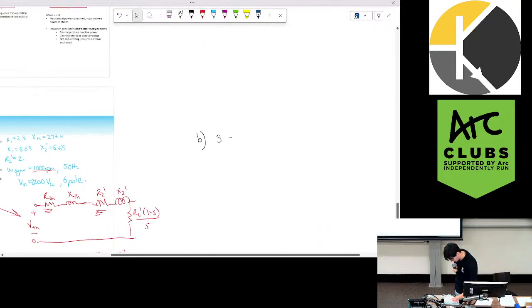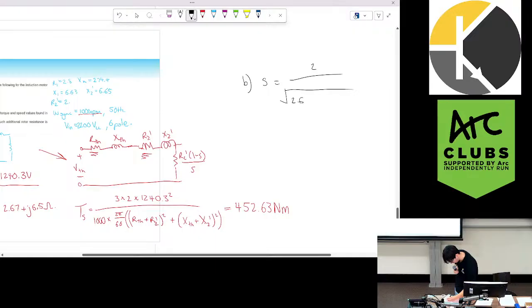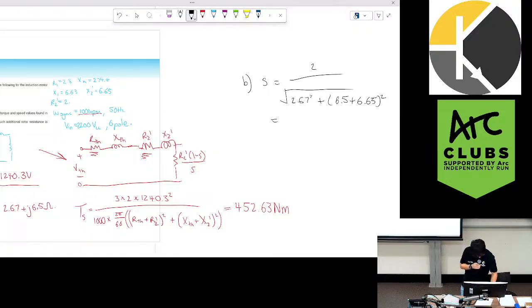So we have S equals R2 dash, which is 2, over the square root of RTH, which was 2.67, squared, plus XTH 6.5 plus X2 dash 6.65, squared. And that gives us a value of 0.149.